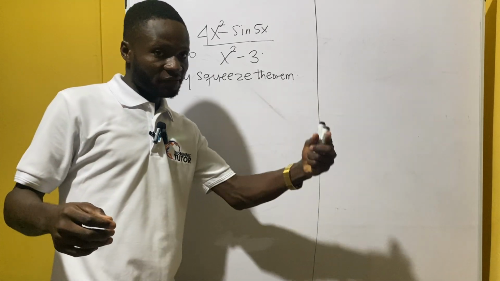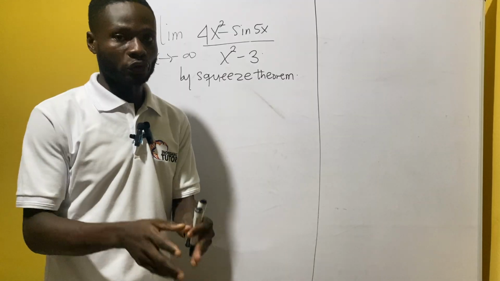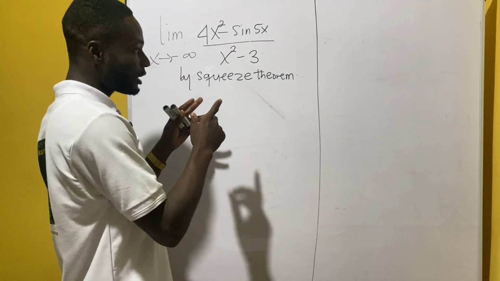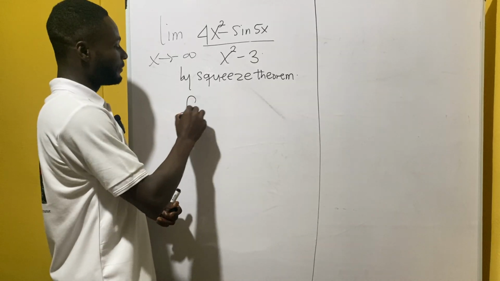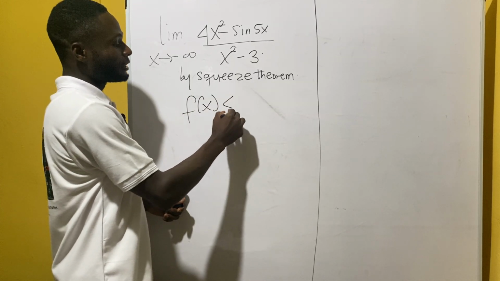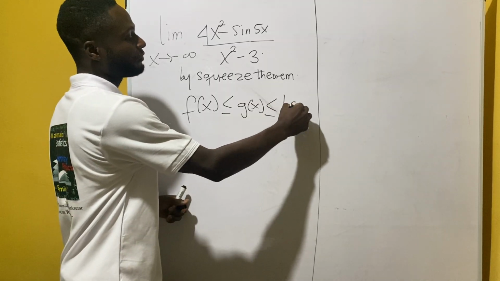It means that whatever weight they possess, this weight and this weight is going to be equal to yours, right? So let's look at how it is. We say that f of x should be less than or equal to g of x, which should be less than or equal to h of x.